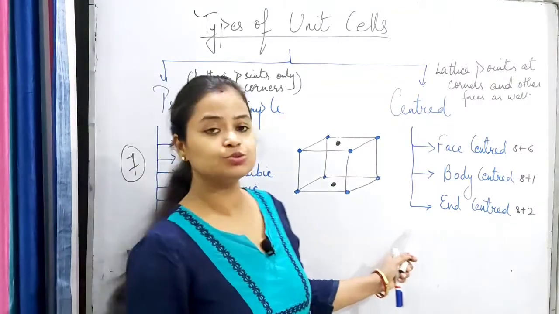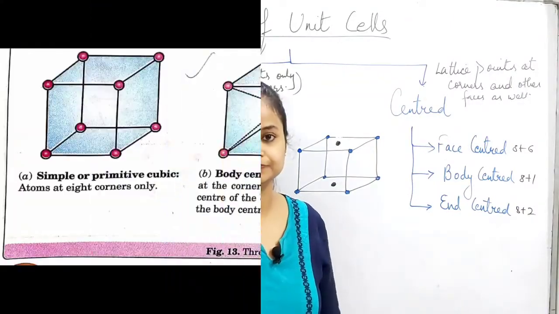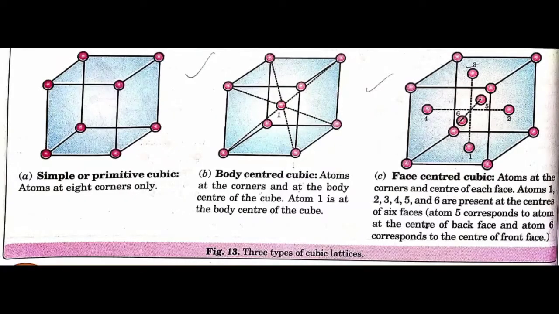Fine, you can see this with this diagram as well. Already I have explained all the various types of crystals and unit cells, but to make it more clear, you can see these figures. For simple, you can see only at the 8 corners the lattice points are there. Then in case of body centered, at the center of the body, which is denoted by 1, and face centered, at the center of each face along with the 8 corners.